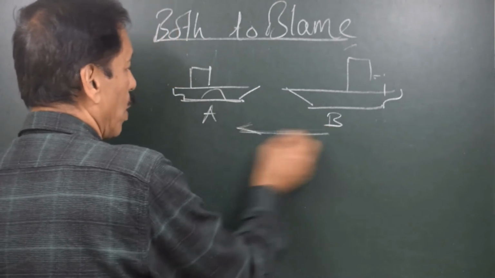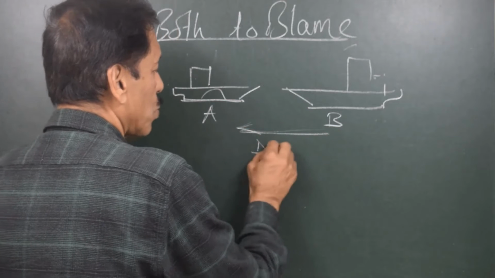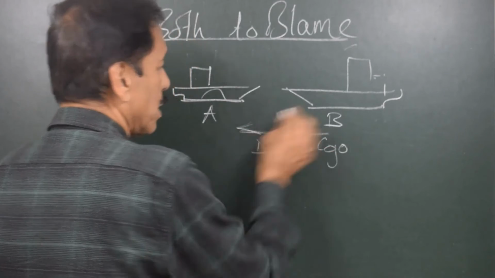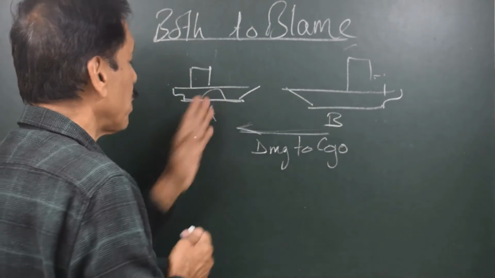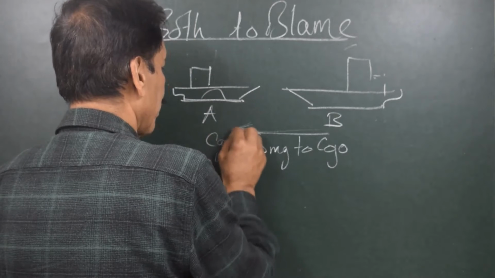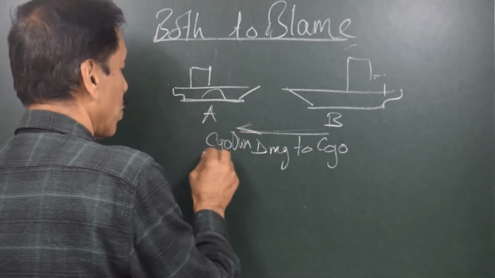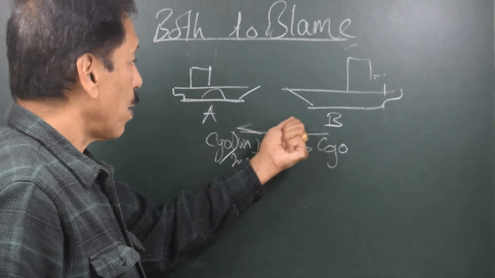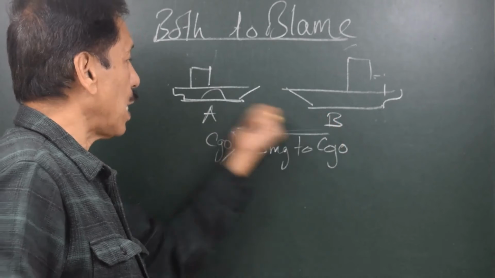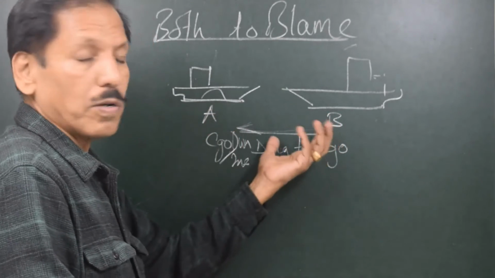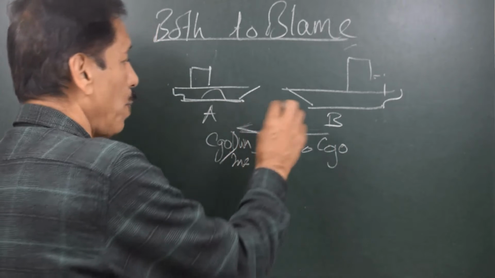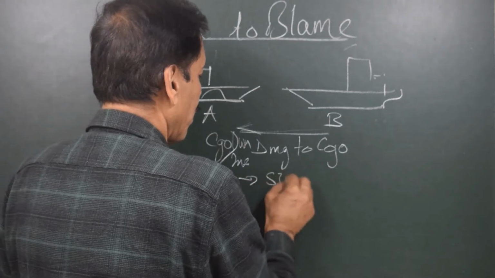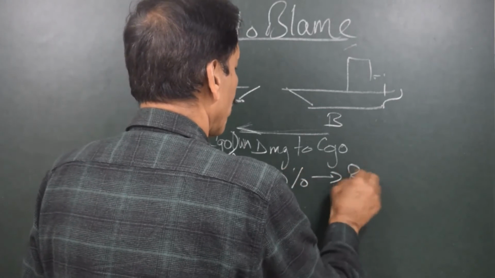B will pay the damage to cargo, whatever is damage to the cargo, B will compensate the cargo owner or cargo insurer. But B will recover 50%. Suppose he pays 100% of the cargo damage to A. Now B will recover 50% from A. So from A, 50% goes back to B.